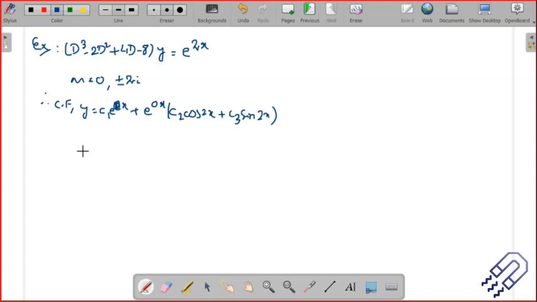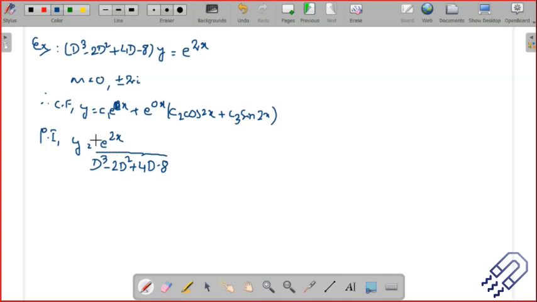Once this is done, we can find out what is my particular integral. Now particular integral would be y is equal to e to the power 2x divided by D cubed minus 2D square plus 4D minus 8, the symbolic form.